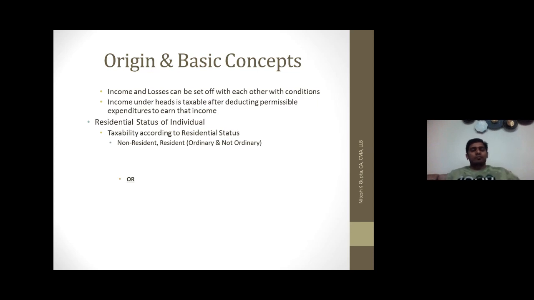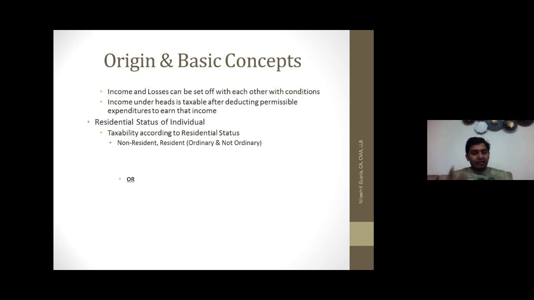There are two types of residential status and two subtypes of residential status, in total four types. The two types are non-resident and resident. A person can be resident in India or non-resident in India.